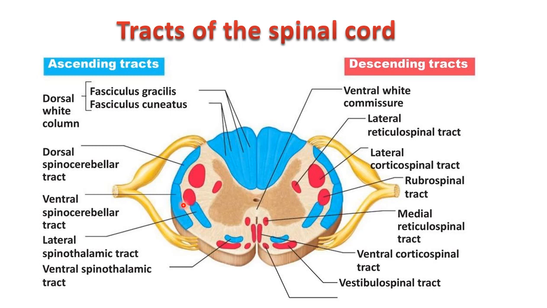Ascending tracts, I have already mentioned. This is the fasciculus gracilis and cuneatus, which we have seen in the medulla, and that forms a bulge in the upper part, on the posterior aspect, as the gracile and cuneate tubercles, because it is going to end in a nucleus called the gracile and cuneate nucleus. Then in the lateral column, mainly what you see here are the anterior and posterior spinocerebellar tracts.